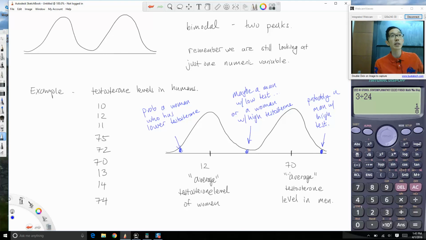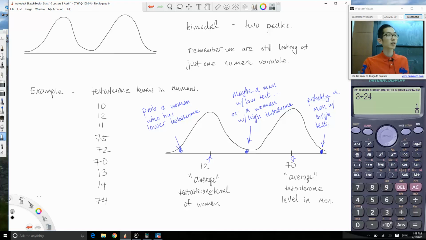We're plotting that to see what's common, what's uncommon, and we see this bimodal distribution forming, where you have a common value for probably one group, and a common value that appears for another group. Okay, so that would be a bimodal distribution.